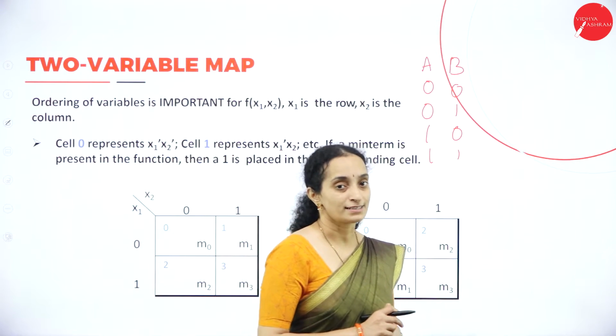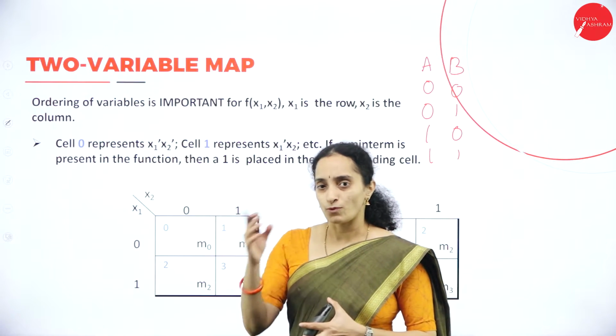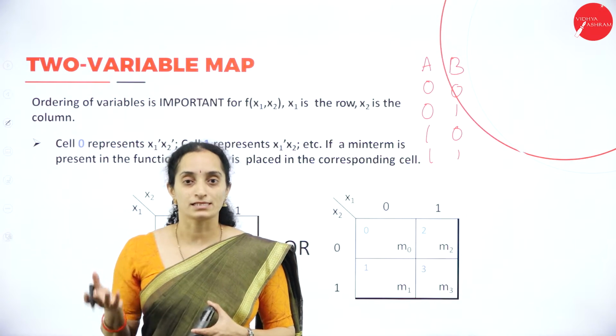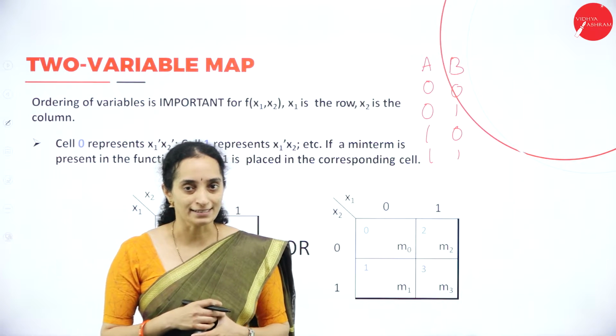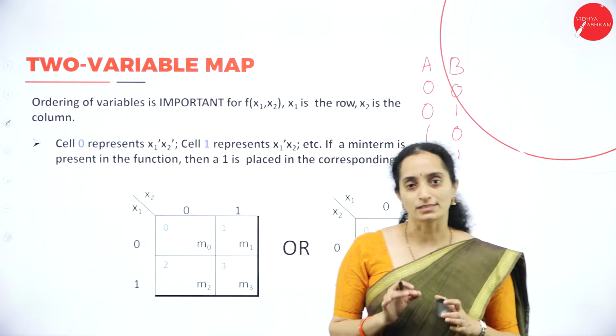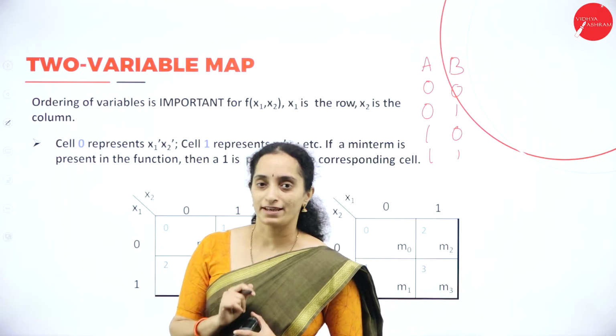Alright. Next, the maximum is 4 variables. If more than 4, it will have 5 variables, 6 variables like that. But for our convenience, most circuits use a maximum of 4 variables.